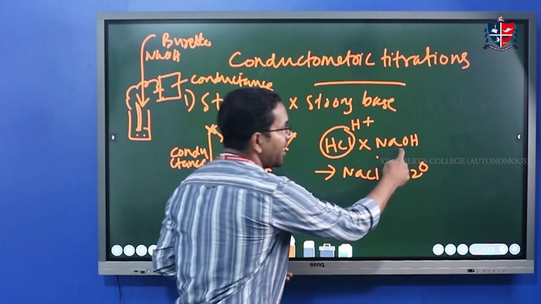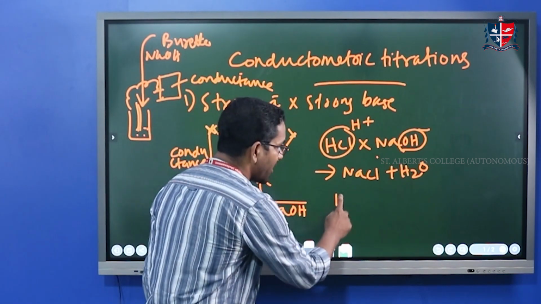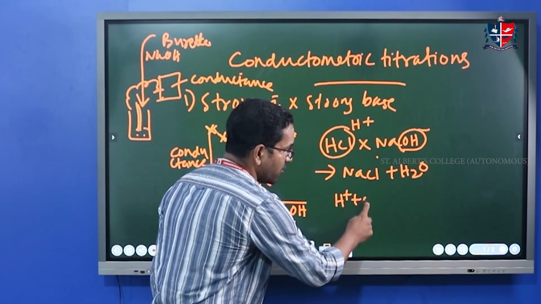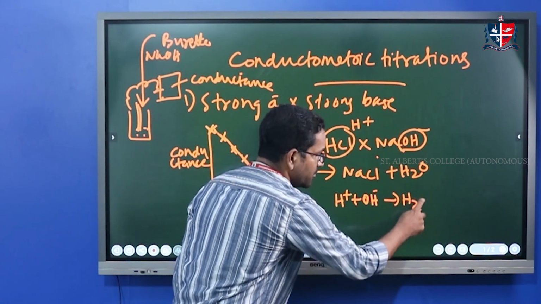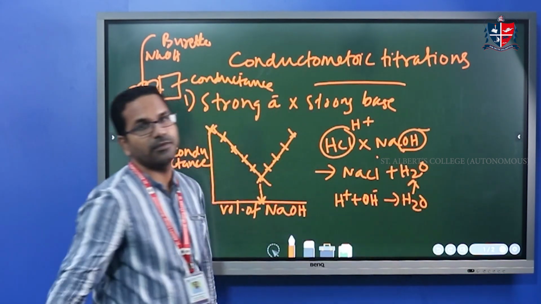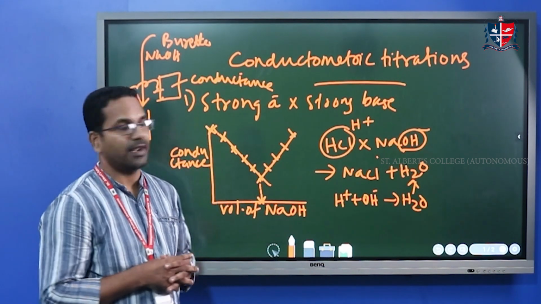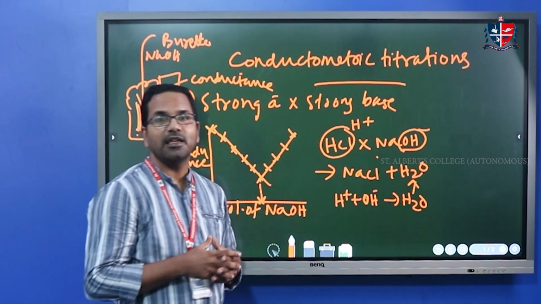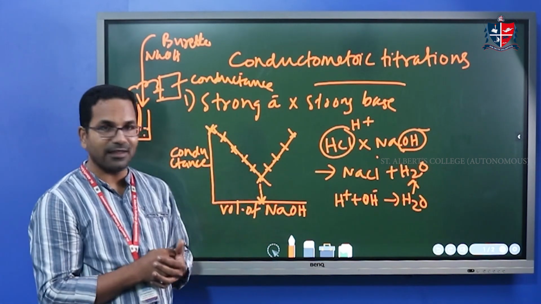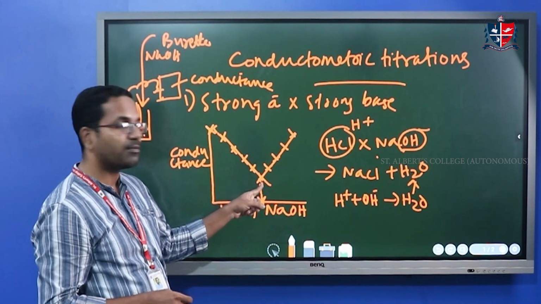So, when we add NaOH, the OH minus ions will react with the H plus ions of the HCl, forming water. Water will not dissociate because it is weakly dissociating. So the number of H plus ions in the beaker decreases. That is how the conductance value decreases till this point.